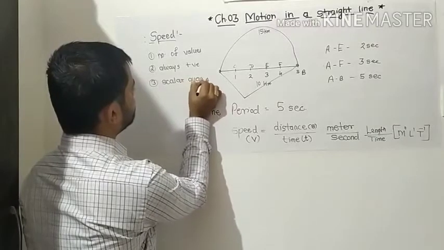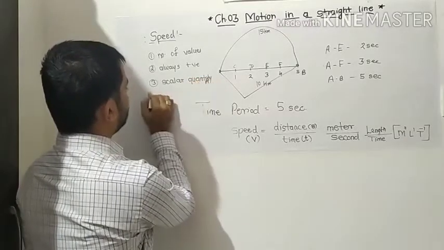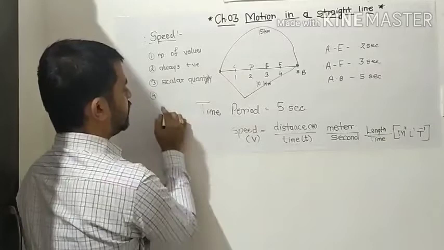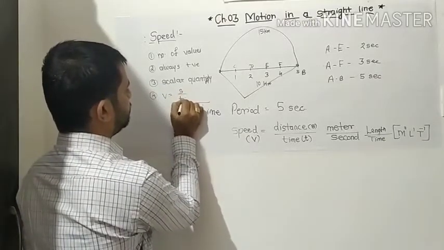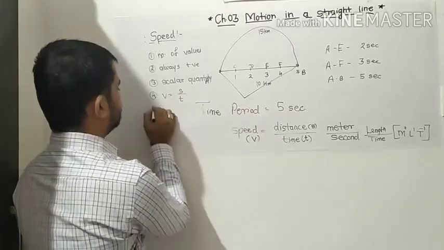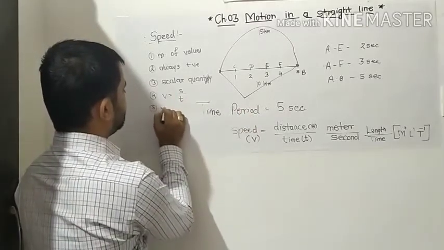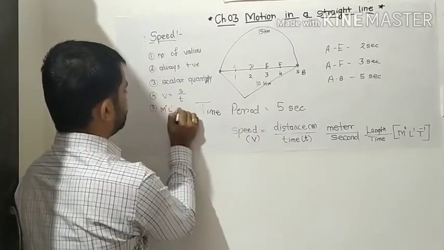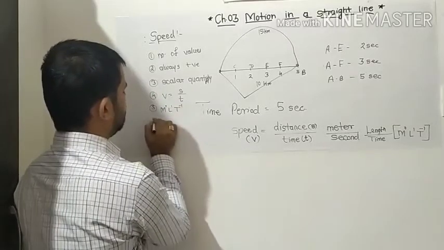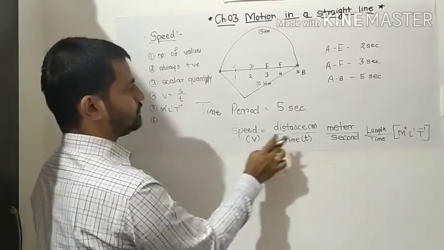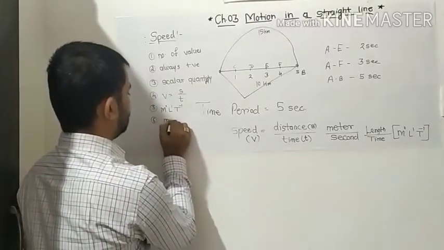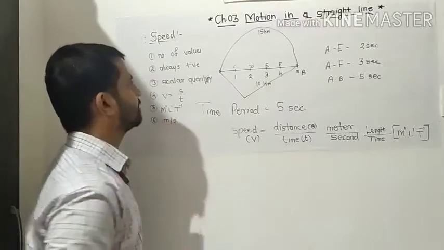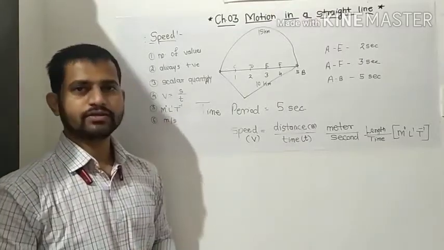The fourth is its formula, V is equal to S upon T. Then its dimensions, M raised to 0, L raised to 1, T raised to minus 1. Then the unit is meter per second.